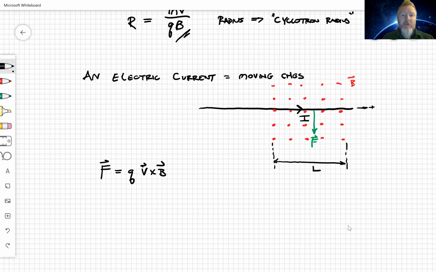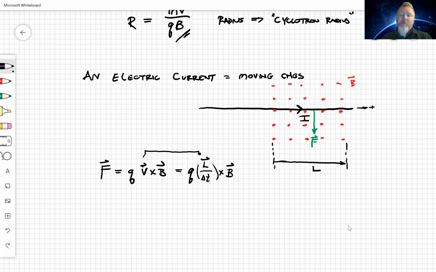Actually, I should make L a vector because V is a vector. I'm going to define V as the vector L divided by some time interval, crossed with B. So I haven't changed the problem, I've just changed what V is: it's L in whatever time it takes the charges to go through L.